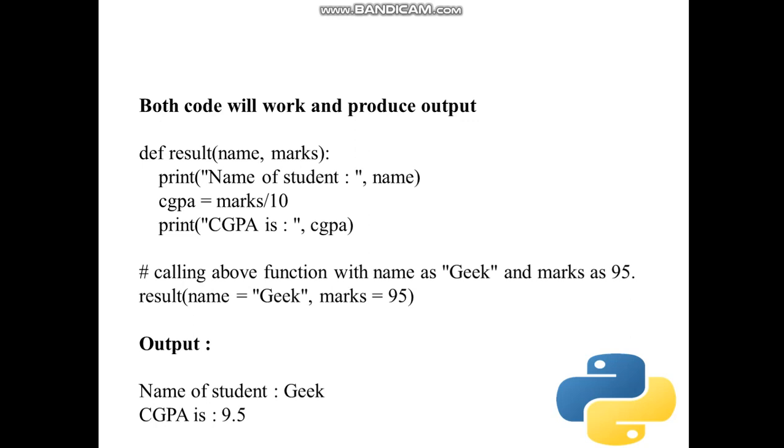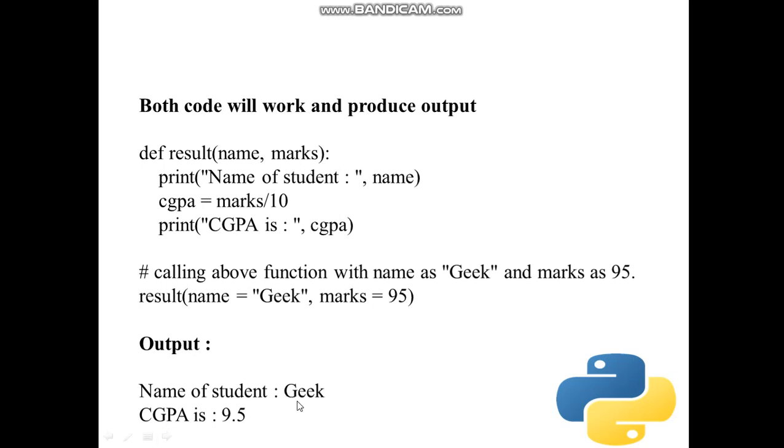Now what happens if we swap this? When we are calling the function result again, I'm writing name equals to geek first and then marks equals to 95. What happened? Again the code will give the same output. Why?